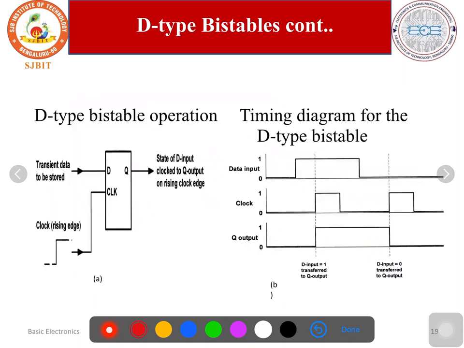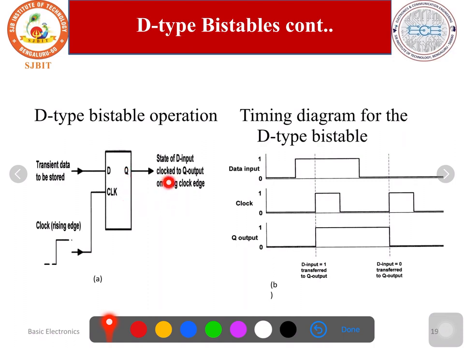Let us see the D-type bistable. Here is the D-type bistable where D is the input. This is the clock input. The output should change only when there is a change in the clock pulse. Here is the D, here is the clock, and the output Q. If you want, you can write Q bar also, the complementary output.